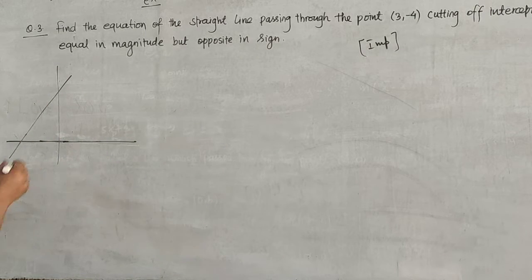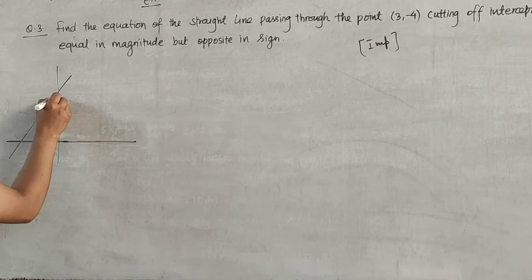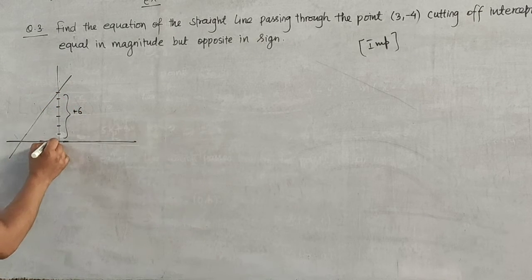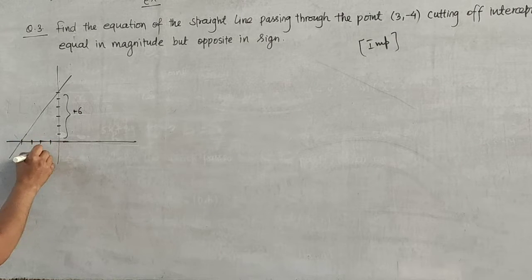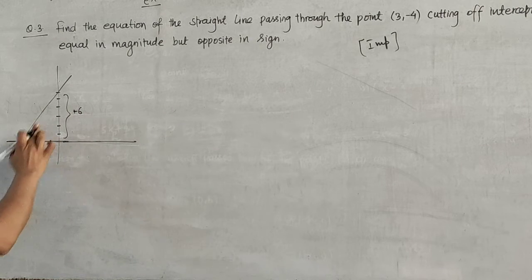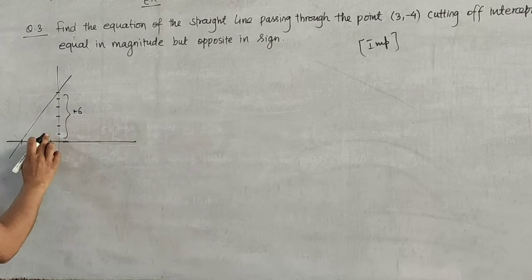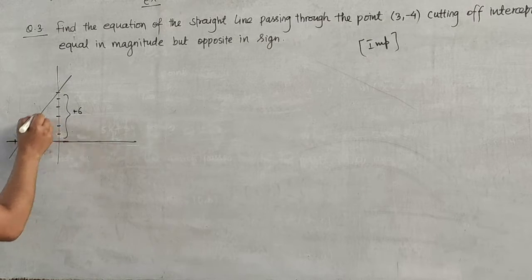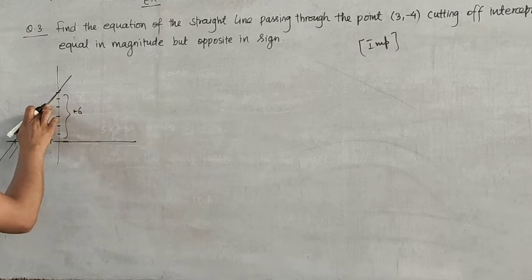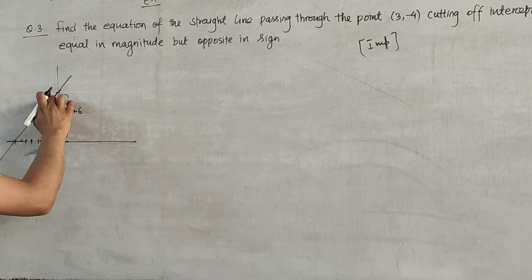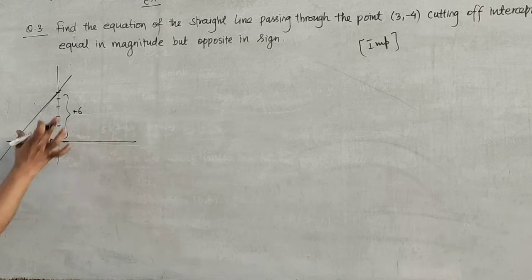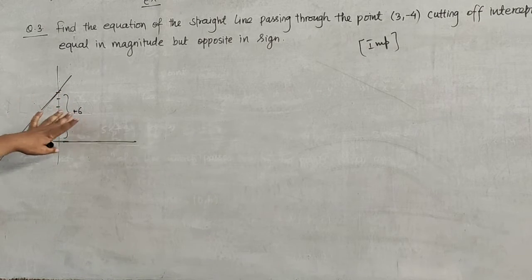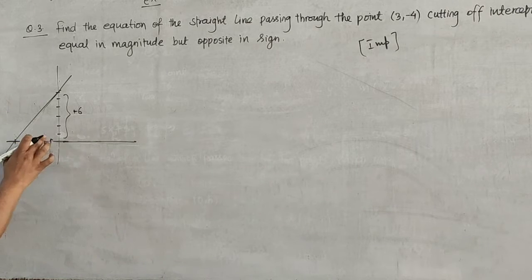In this way. Here 1, 2, 3, 4, 5, 6. If it is positive 6, then it is 1, 2, 3, 4, negative 4, like equal intercepts. It is making equal intercepts, equal in length, but direction wise they are in opposite sign.